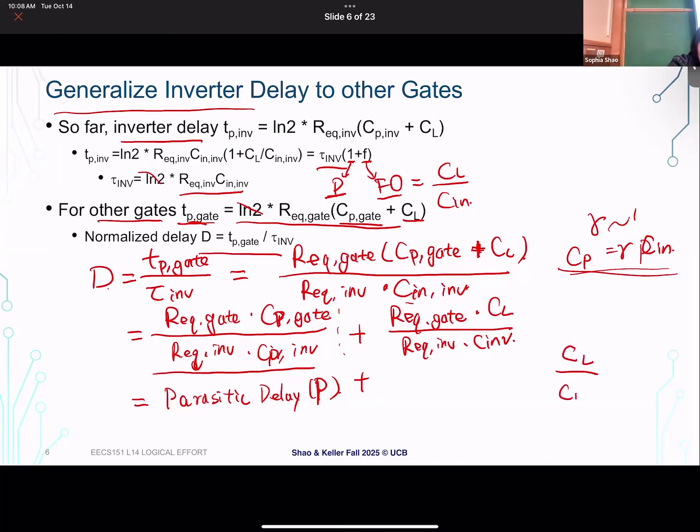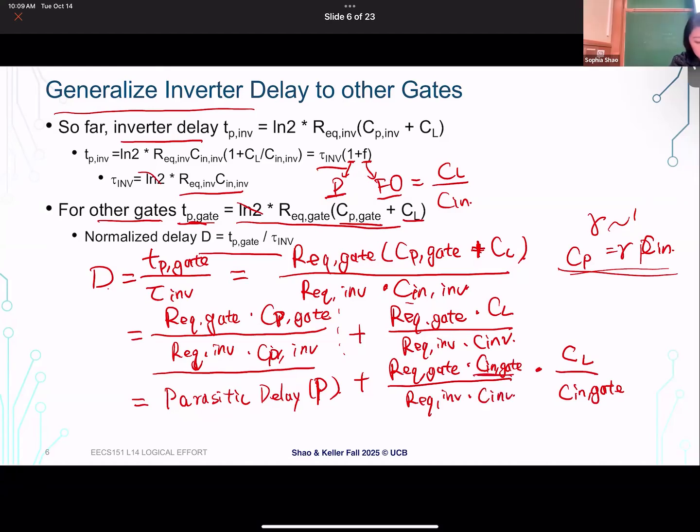So I have a similar term. Let's say my input capacitance of my gate. So this gets to a similar term because we have the ratio between the load and my input capacitance. And I'll rewrite this as, again, my gate resistance. I'm adding this input capacitor on my gate and keeping everything the same, the inverter and the capacitor.